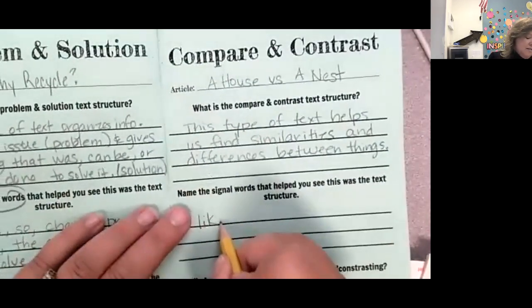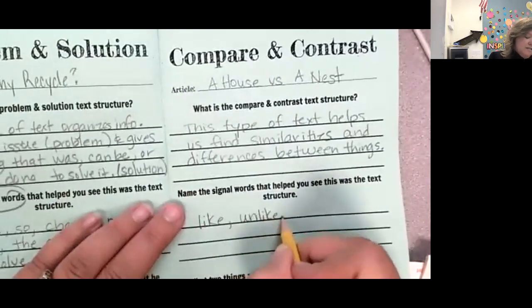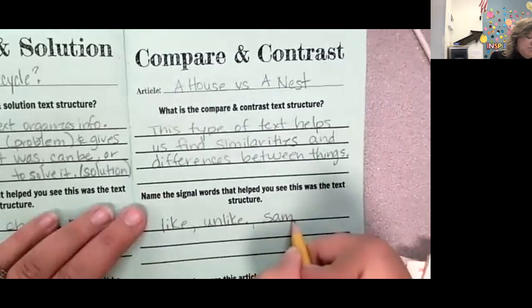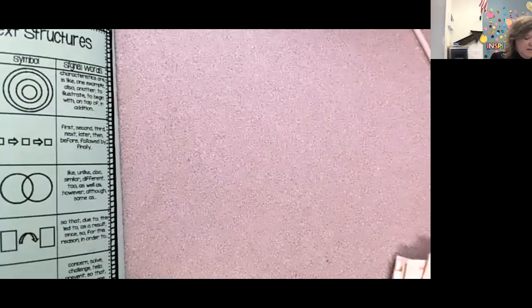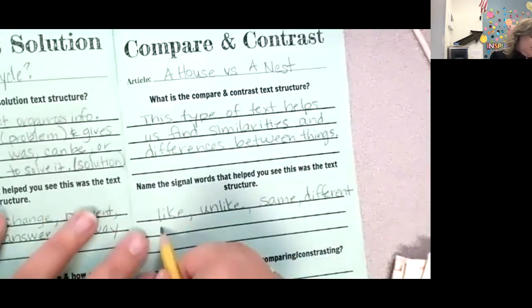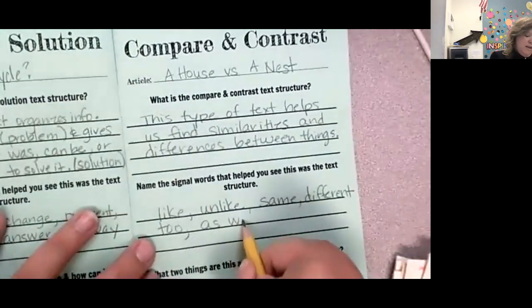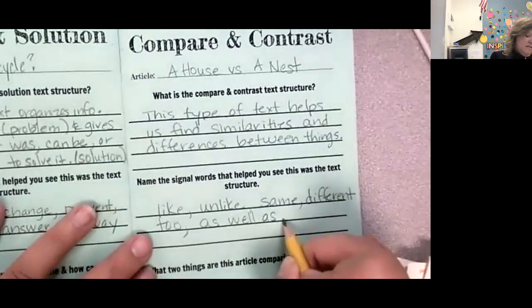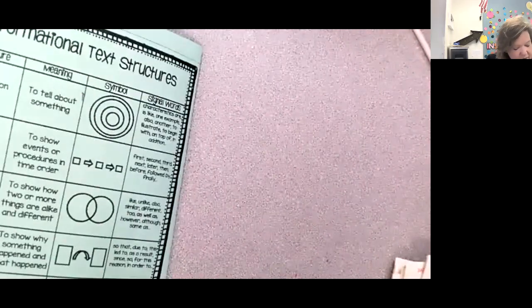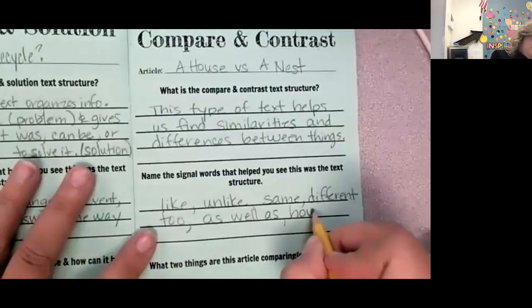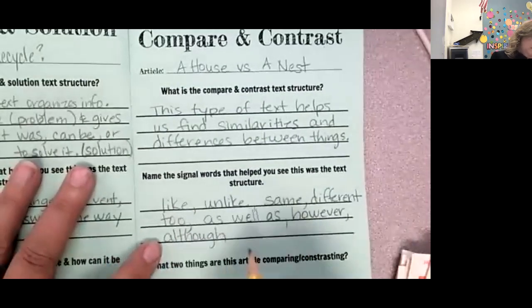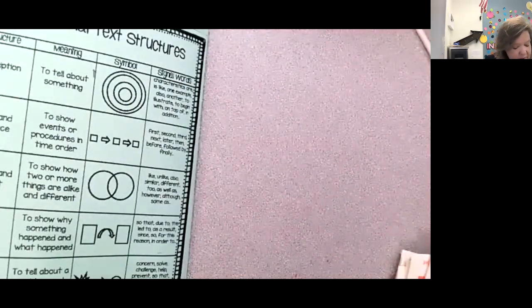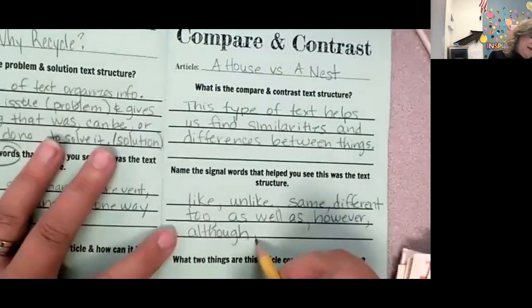Okay, so they have the word like, unlike, same, different, too, as well as, then however, although, and same as.